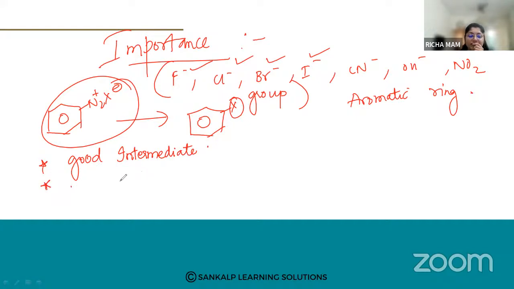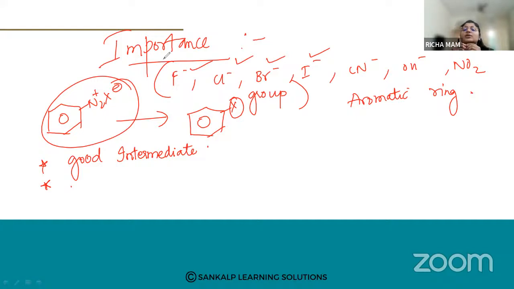Second point is, whenever you have these diazo compounds, they are used in the preparation of different azo compounds. Then aryl fluorides and iodides cannot be prepared by direct halogenation.